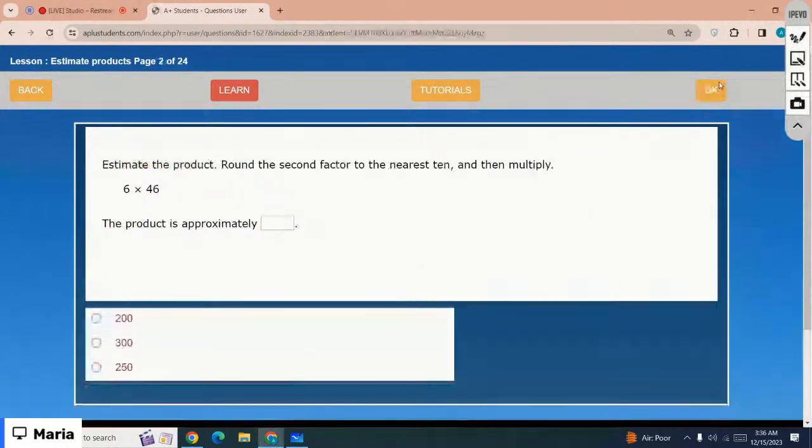Okay, the next one is estimate the product, round the second factor to the nearest 10 and then multiply. You have to round the second factor, right?